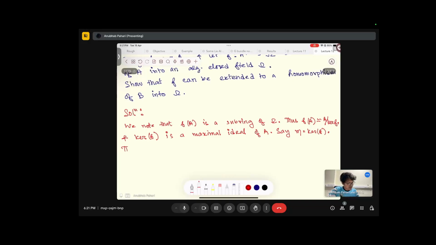Then there exists a prime ideal M bar of B such that M bar intersection A equals M.